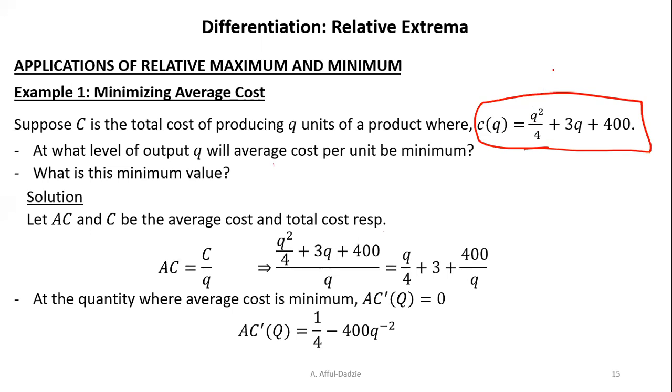Again, I remember I told you this. So this is how we're going to apply these concepts one after the other. So how do we first understand the question? It says, at what level of output Q will average cost per unit be minimum? So we want to find the minimum value. The procedure is still the same. Find your function, take the first derivative.